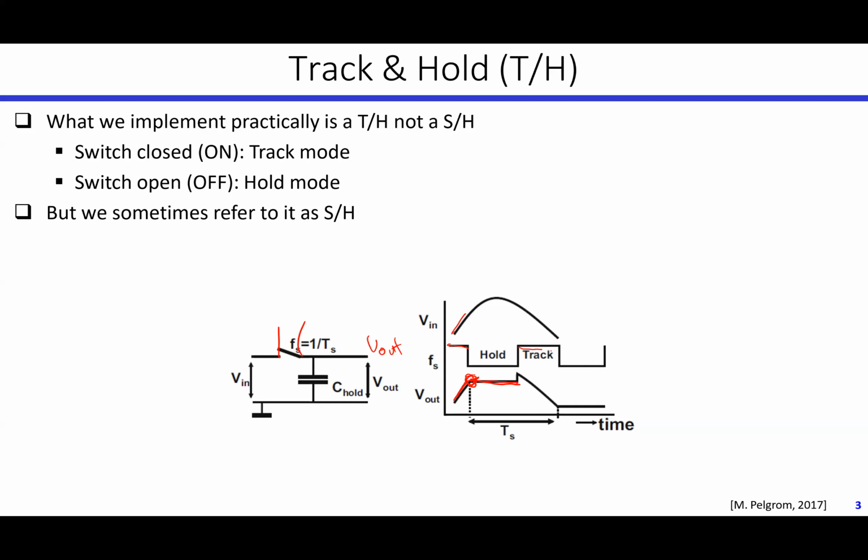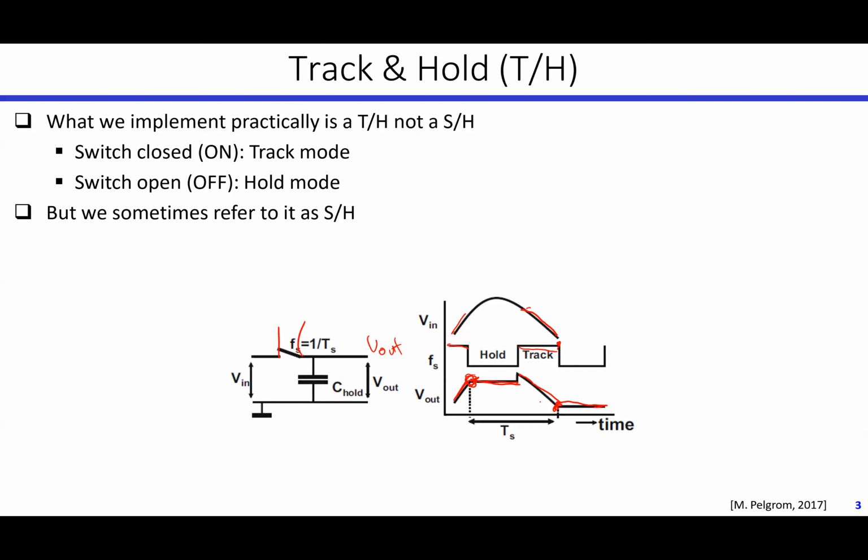Once the clock becomes high again, Vout will start to track Vin, and once the clock goes down, it will hold the last value it captured from Vin. This is how the sample and hold circuit is supposed to work.